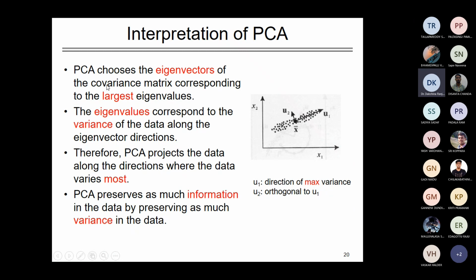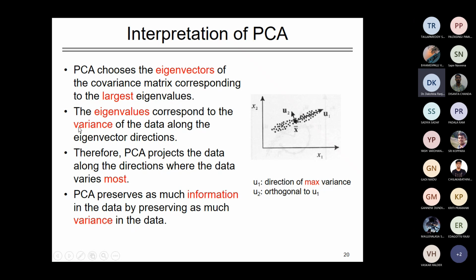Now, in principal component analysis, we choose the eigenvectors of the covariance matrix corresponding to the largest eigenvalues. Or we can say in another way that we maximize the variance along the principal components which correspond to the eigenvectors.